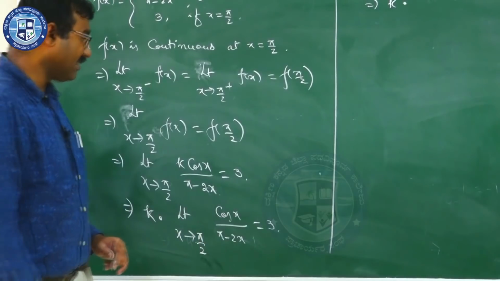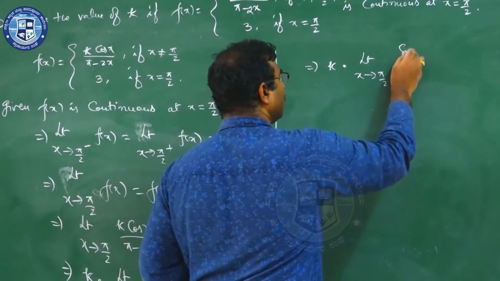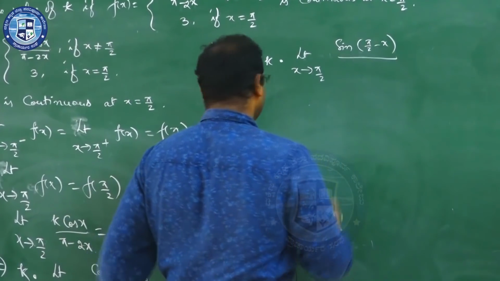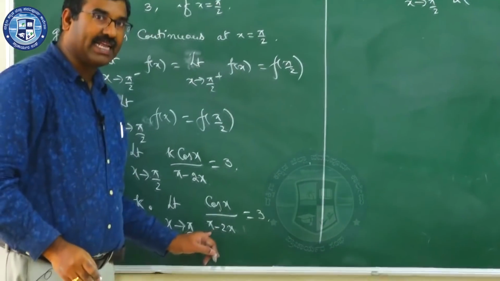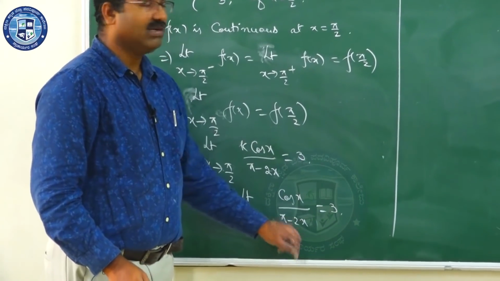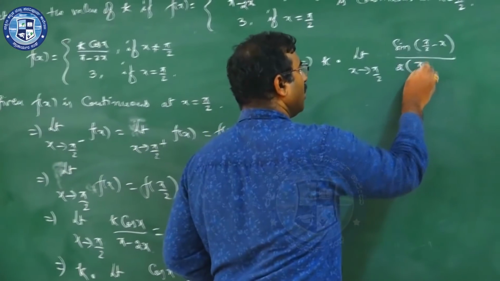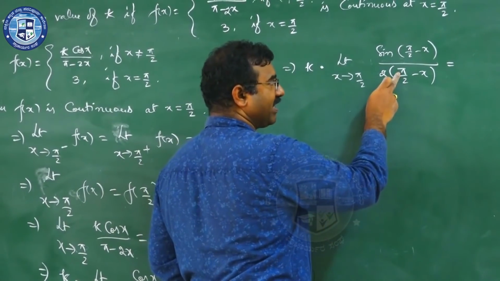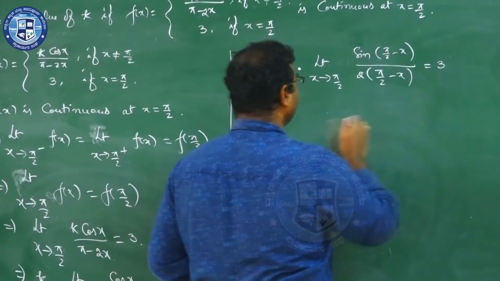So, limit x tends to pi by 2 of sin(pi by 2 minus x) divided by, from the denominator, we take 2 common. When you take 2 common, you get pi by 2 minus x, because it is pi minus 2x. When you multiply this 2, pi minus 2x will be balanced, and it is equal to 3.